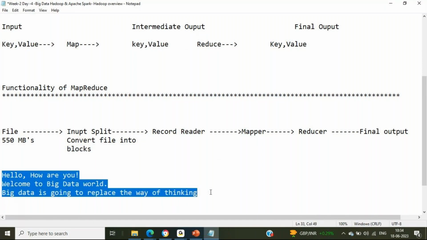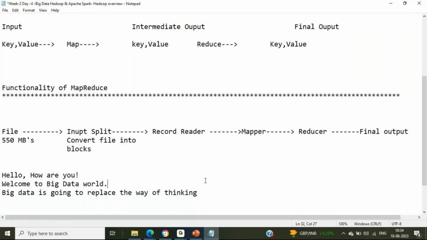So it is given to input split, and what it has done is this is block one, this is block two, and in the same fashion block three.